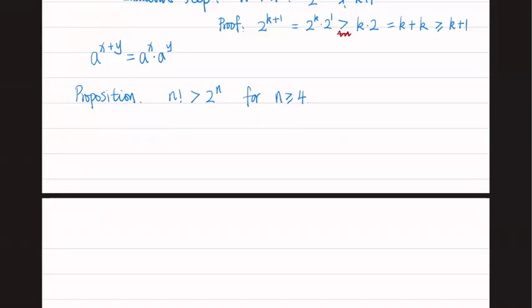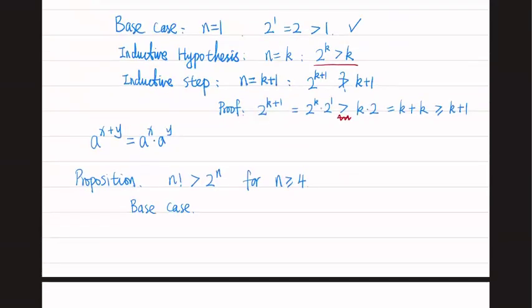Again, there are infinitely many statements. So what's the base case? Fred, what would you say about the base case? Is it n equal to 1 or for different n? Okay, so this time the base case will be n equal to 4.